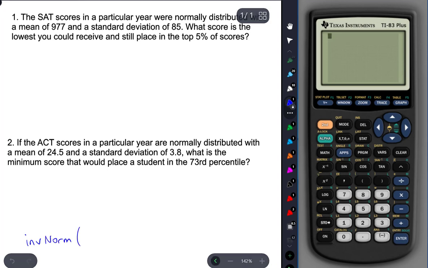It takes one input or up to 3 inputs. So you need to put in probability first, and that has to represent the area underneath the normal distribution curve to the left. So this must be area to the left. And sometimes you're given an area to the right and you have to convert.